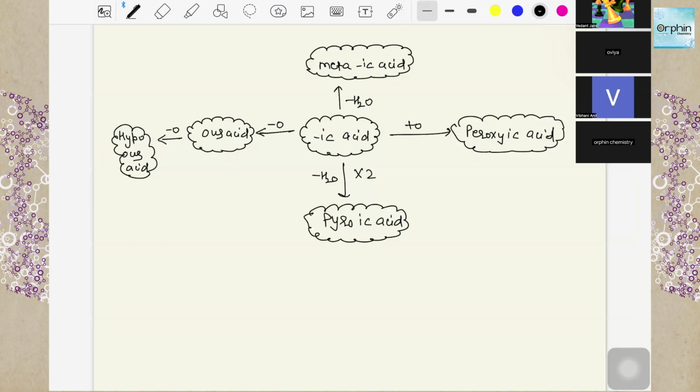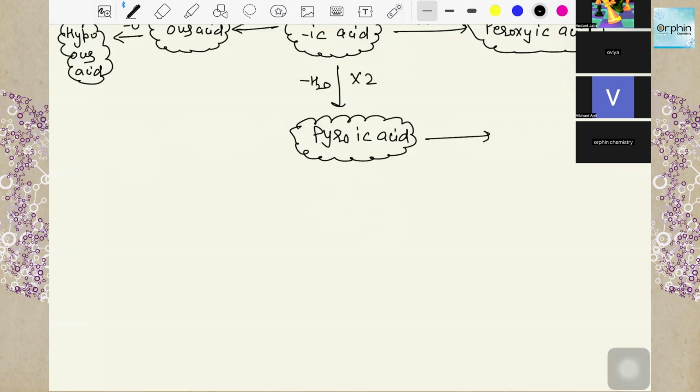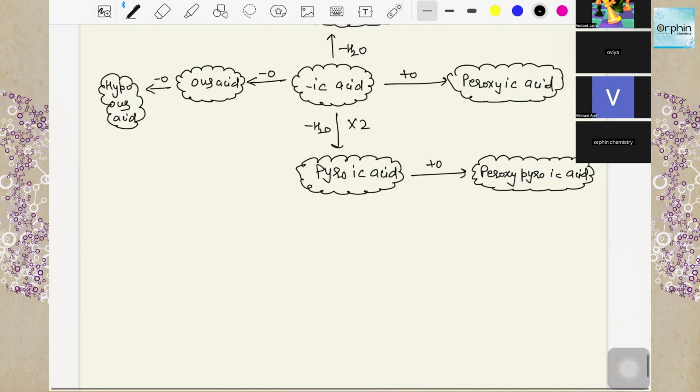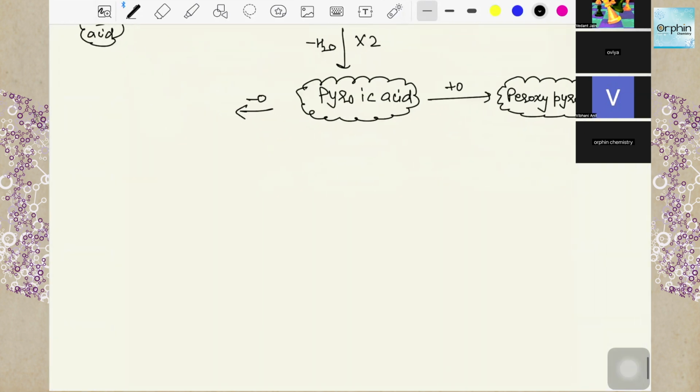Okay, this is known as pyro acid. And in the pyro acid, if we are adding one oxygen, then this is known as peroxypyro acid. And if we are removing one oxygen from here, if you remember, that was hypo acid, right?